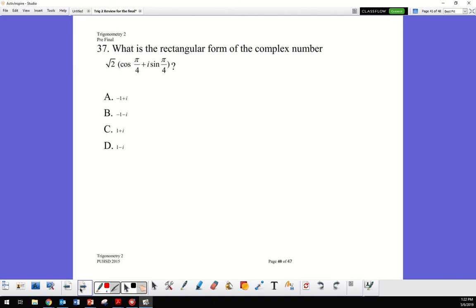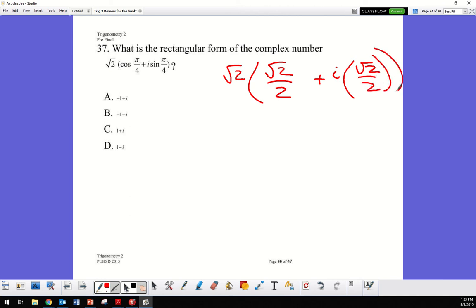So it's going to be root 2, and cosine of pi over 4 is going to be root 2 over 2, plus i, and sine of pi over 4 is going to be root 2 over 2. So do my distribution. It's going to give me 2 over 2, which is 1, plus 1i.